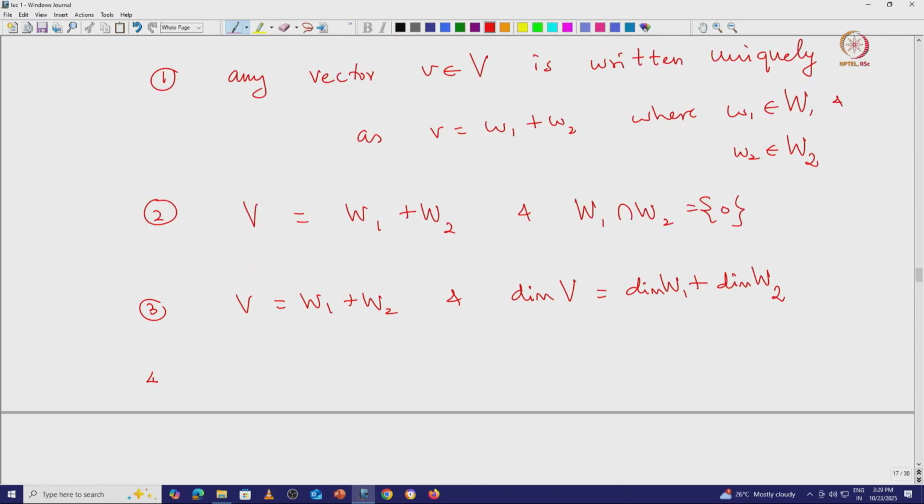Now, if you want to rewrite this a little further using external direct product, then we can say that the following map, which is defined from the external direct product of W1 and W2 to V, given by the tuple (w1, w2) goes to w1 plus w2, is an isomorphism.